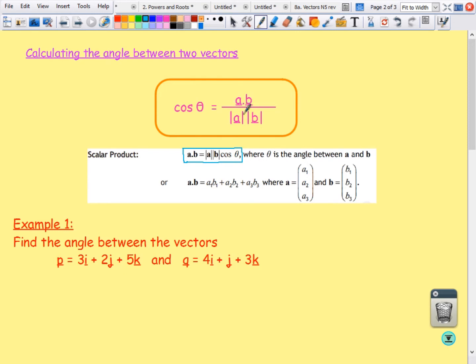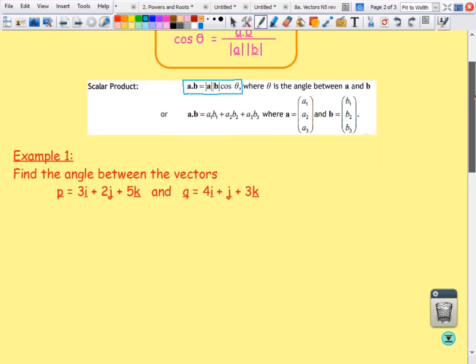I've also got the magnitude of A and the magnitude of B. Now looking at this question, I'm not told any of that information, but I've got tools that I can use to help me find it. So I'm going to do three little tiny things first of all. I'm going to find the dot product, I'm going to find that magnitude, and I'm going to find that magnitude. Then once you've done that, it's just a case of slotting into the formula and using your calculator. Okay, so let's get started.